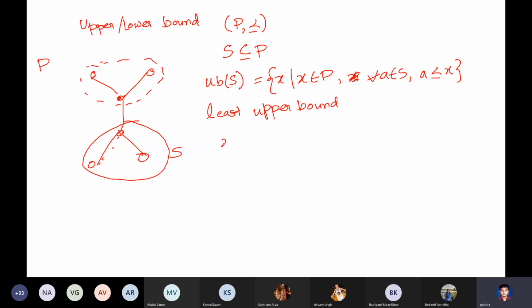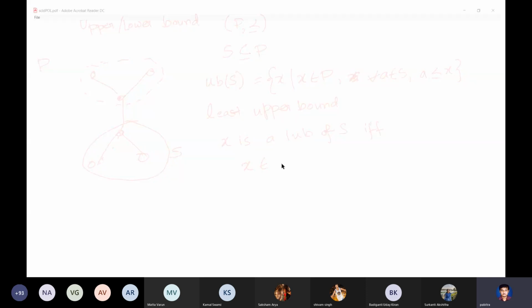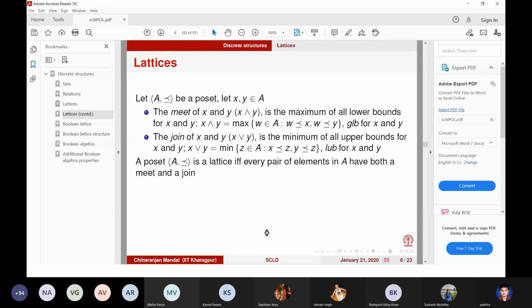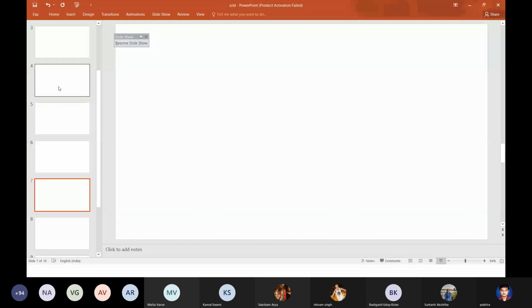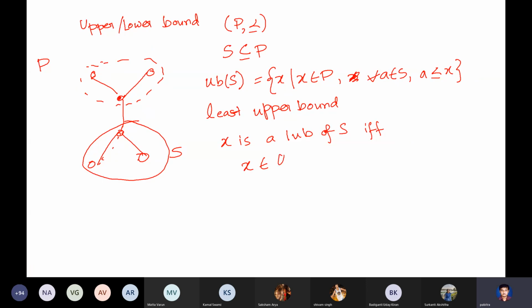Okay, so some element x is a least upper bound of S if and only if x belongs to the upper bound of S, and x is less than or equal to y, for every y that is a member of the upper bound of S. So you take the upper bound, and one of the elements of the upper bound would be called a least upper bound if it is less than or equal to all members of the upper bound.